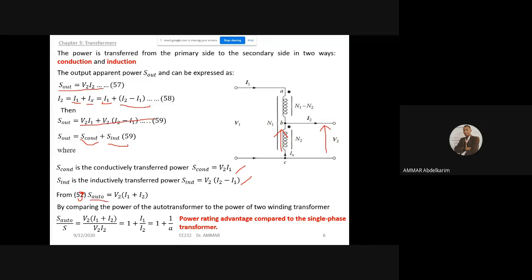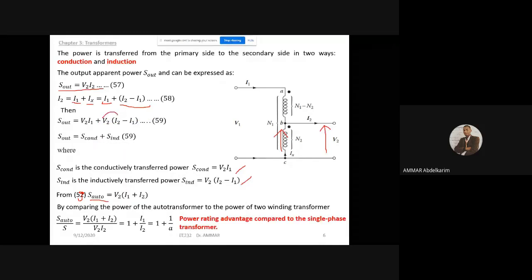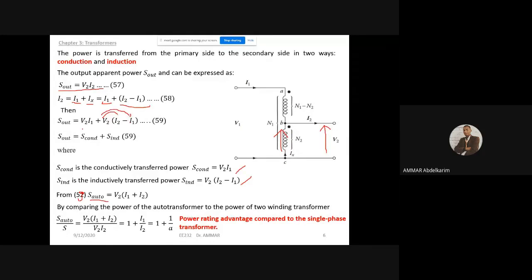From 59, the power of the autotransformer equals V2 times I1 plus I1 plus I2. So when we distribute V2 here, we get V2 times I2 and V2 times I1.